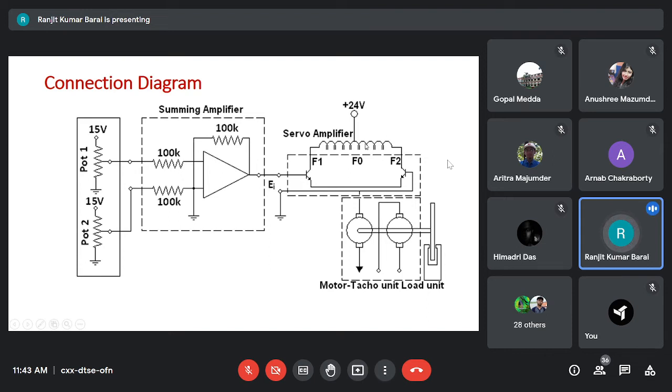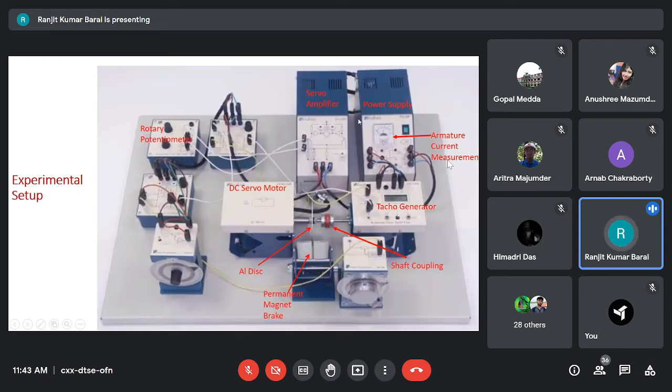Now here the servo amplifier is just, you can say, a valve. Power is trying to flow from the power supply to the servo motor, but we are controlling that power flow using the servo amplifier. The servo amplifier is just a valve, and the command to control is coming from the controller.